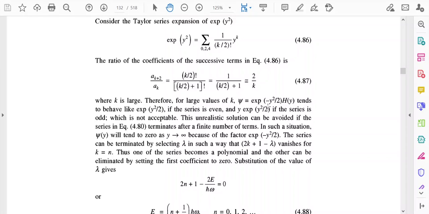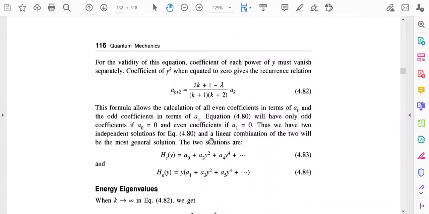But how to terminate? We can terminate hy after certain terms if we look at the expression of the coefficient. This is the recurrence relation, and from this recurrence relation all the terms can be found out. So this recurrence relation is very important, because from it we can terminate hy after a certain term. So how can we terminate? You see the numerator.